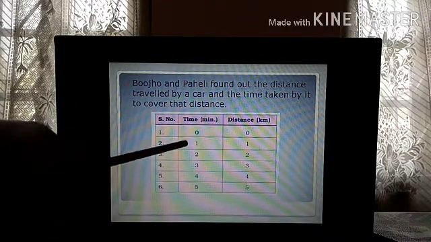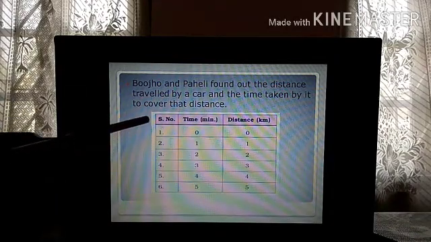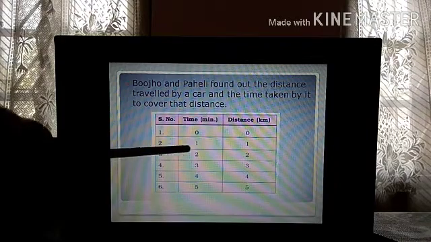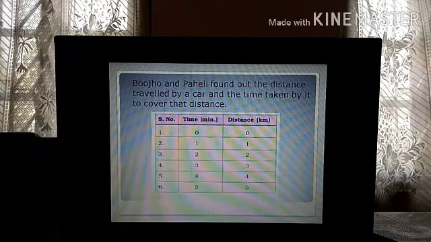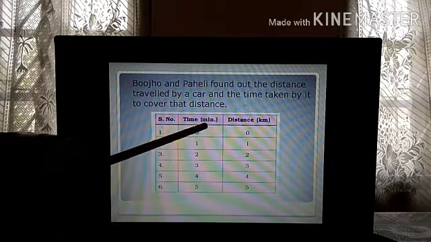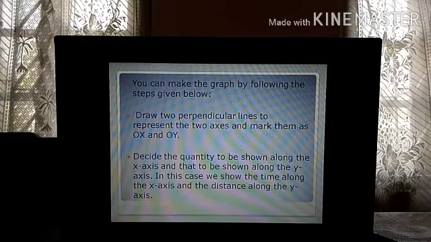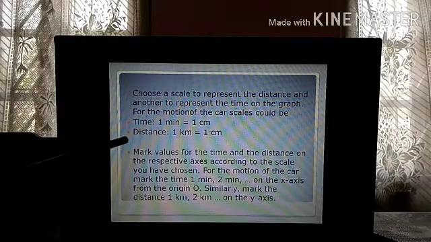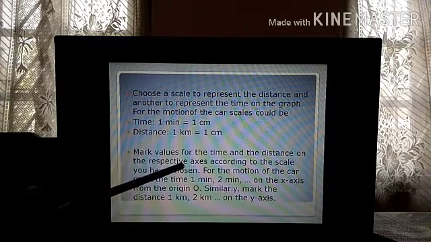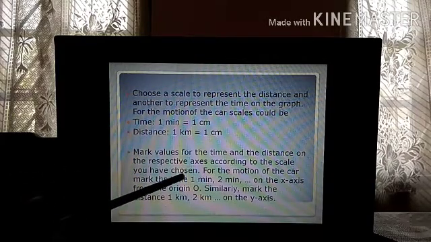All right. So mark the values for the time and the distance on the respective axis along to the scale that you have chosen.